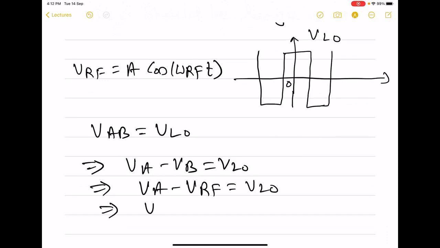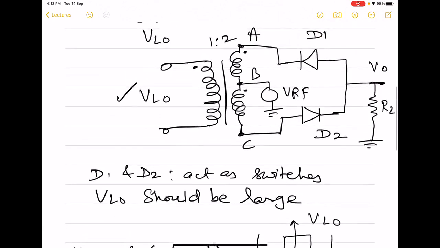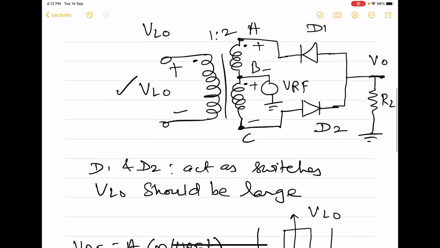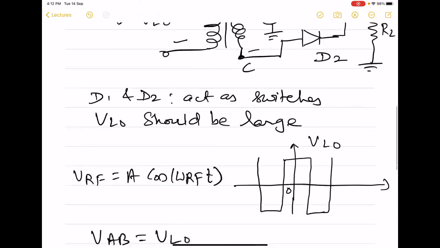So we can see that VA will always be VRF plus VLO. This is the story when we have this polarity. In that case, A will be at higher potential, and similarly B will be higher compared with C.